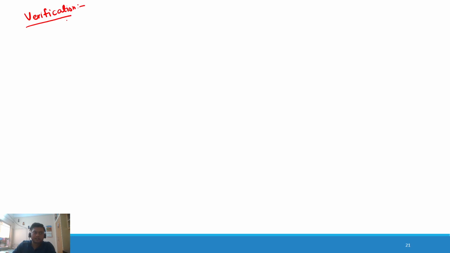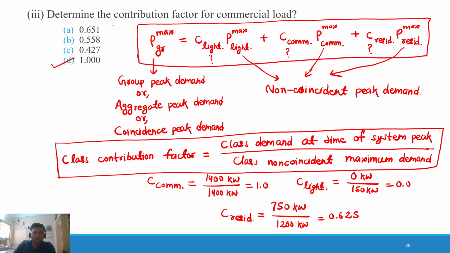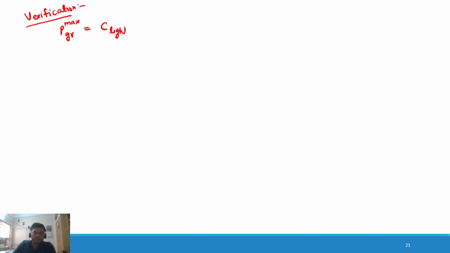So we can verify the answer as aggregate maximum demand is equal to the contribution factor of lighting load times the maximum demand of lighting load, plus the contribution factor of commercial load times its maximum demand, plus the contribution factor of residential load times the maximum demand of residential load.